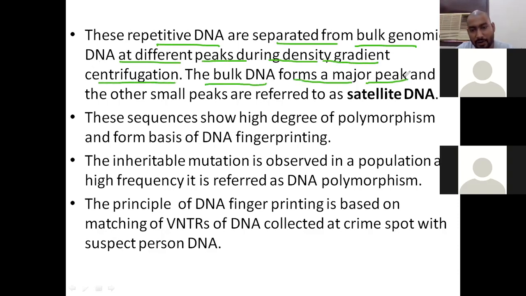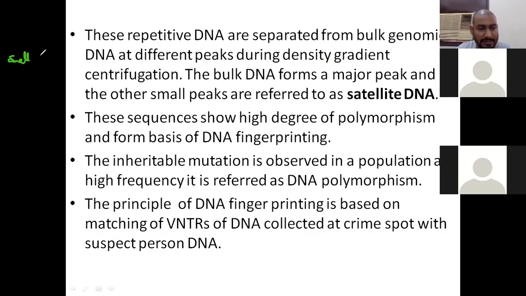The bulk DNA forms a major peak and the other small peaks are referred to as satellite DNA. So there are two: bulk DNA forms the major peak, and there are small peaks. Suppose this is the centrifugation. One is the small peak and one is the large peak.